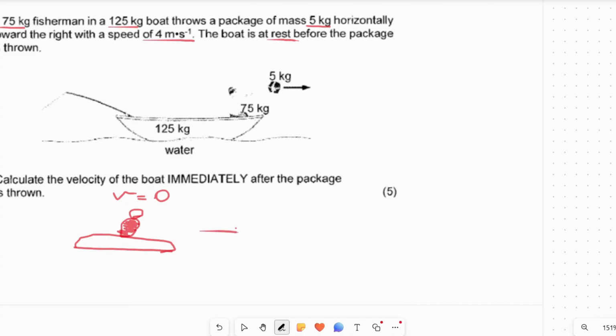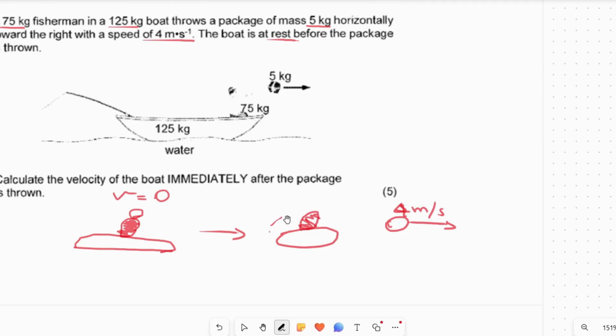So now when they're throwing, we got a boat with the fisherman, and then we got a package. The package was thrown in this direction with the speed of 4 meters per second, with the velocity of 4 meters per second. So this is what we have.